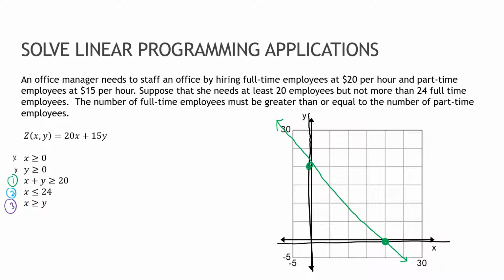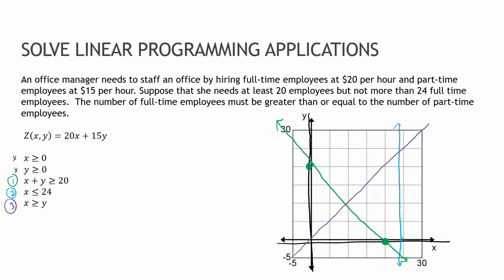So x is 24 is about right here. And so I'm going to draw a line right here. And last one, x is greater than or equal to y. And so that is basically the line x equals y, which goes just like this.